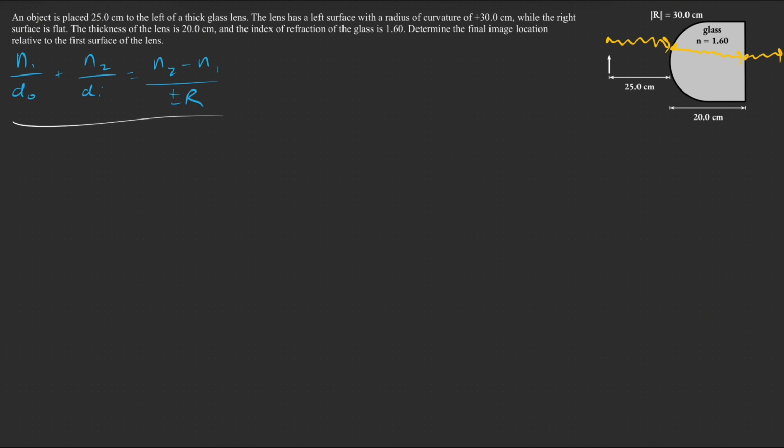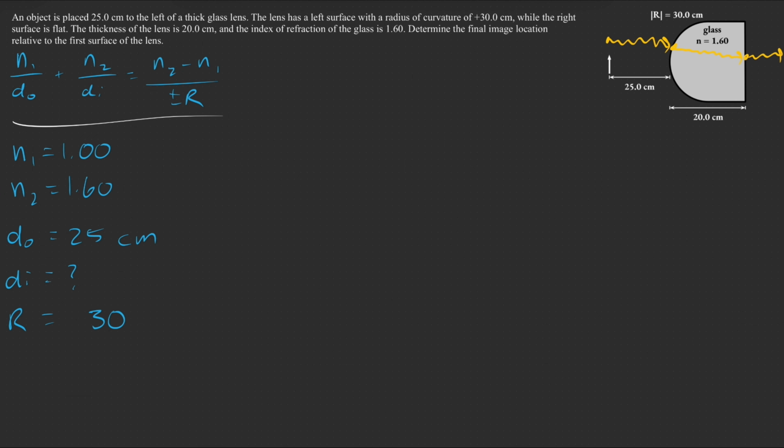So for the first surface, N1, the light starts in air, so N1 is 1. N2 is the glass, that's where the light enters, so it's 1.60. dO is how far it is from the first surface, which is 25 centimeters. We don't know what dI is, and we know we have an R value of 30.